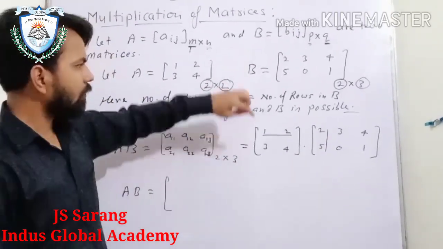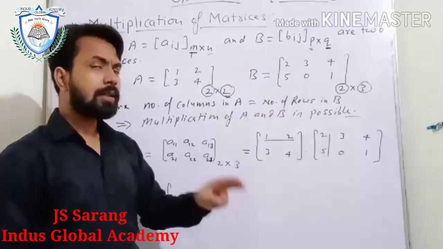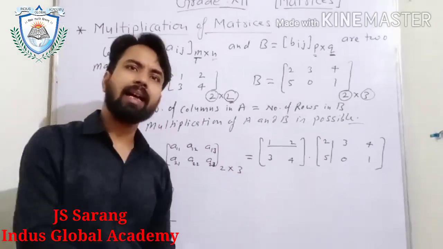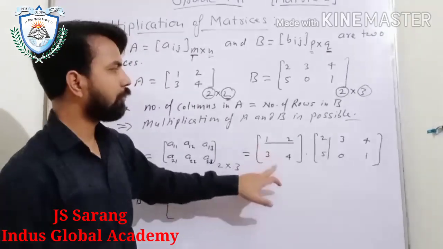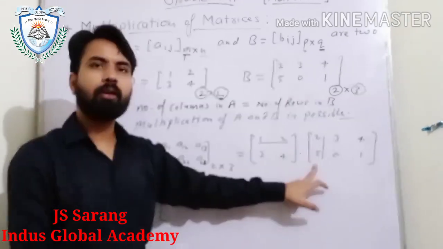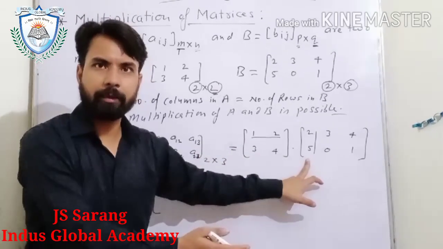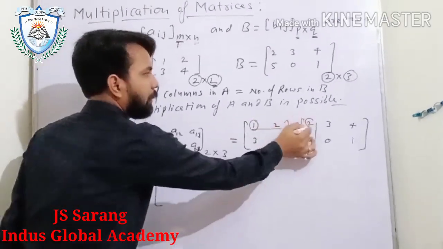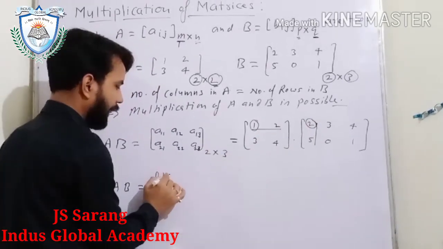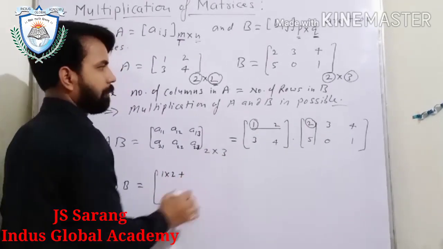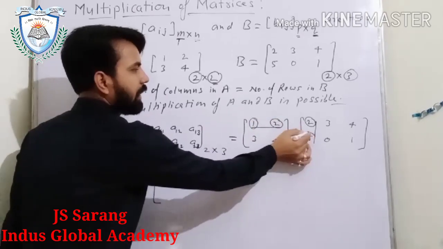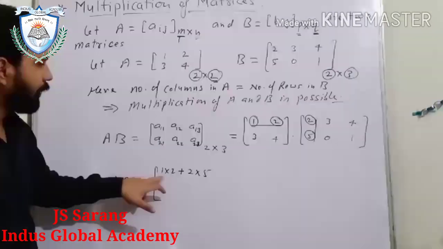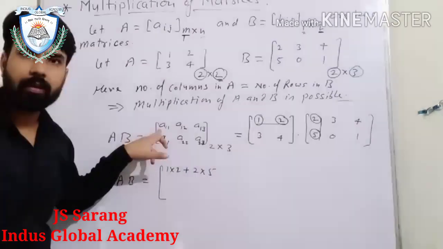So here we will have to find the sum of multiplication of corresponding elements of the first row of the first bracket and the first column of the second bracket. This 1 is multiplied by this 2, so 1 into 2, plus this is multiplied by this, so 2 into 5. This will be the value of A11.